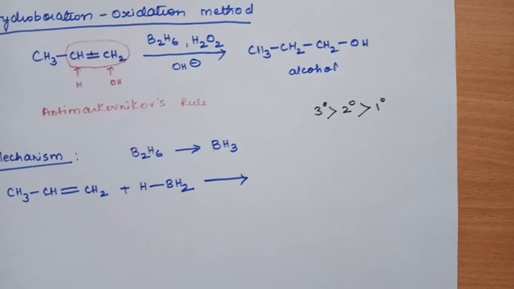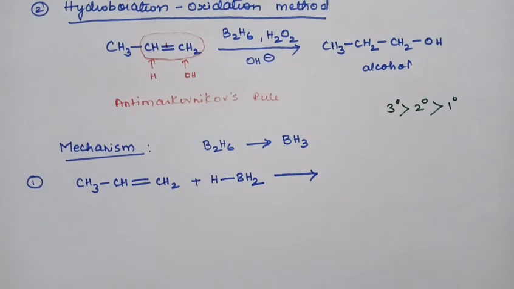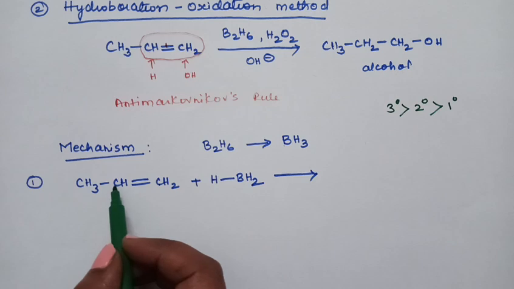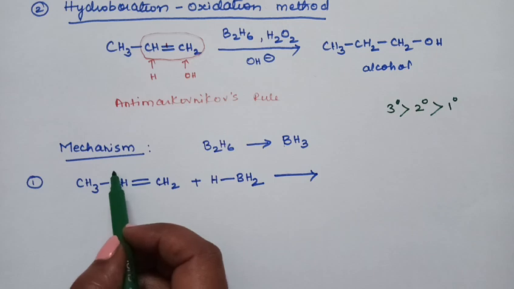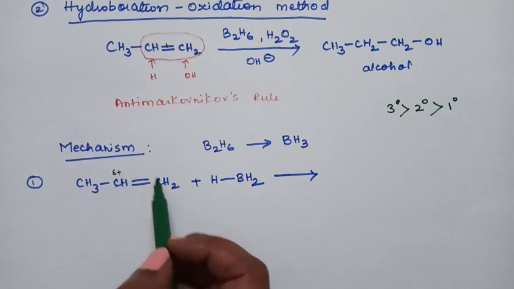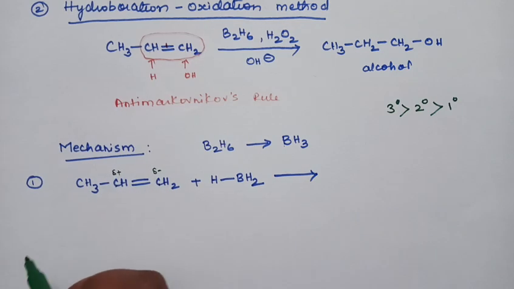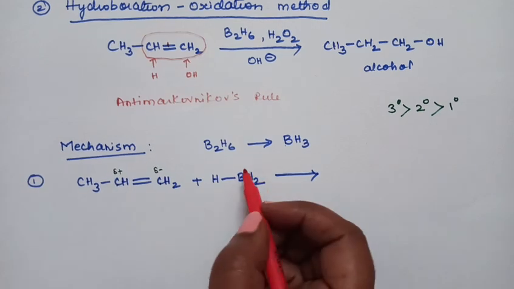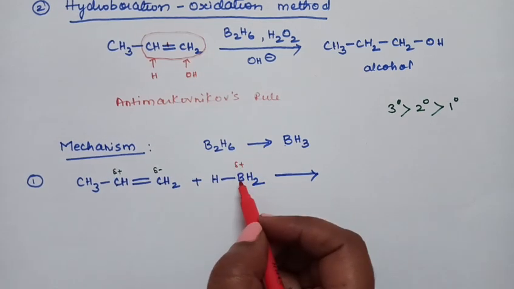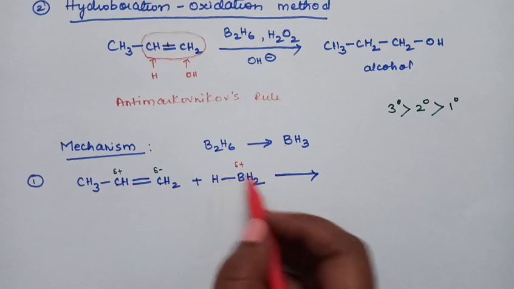So we have to imagine here more stable carbocation. So positive sign will be on this carbon. So imagine this is having a positive sign. So I'll write here partial positive sign and this will be having partial negative sign. So here boron will be having partial positive sign. Why? Boron is having only 6 electrons.